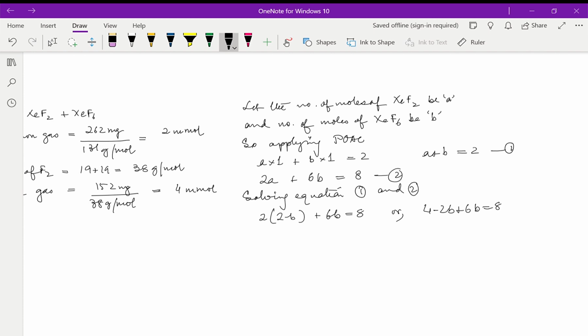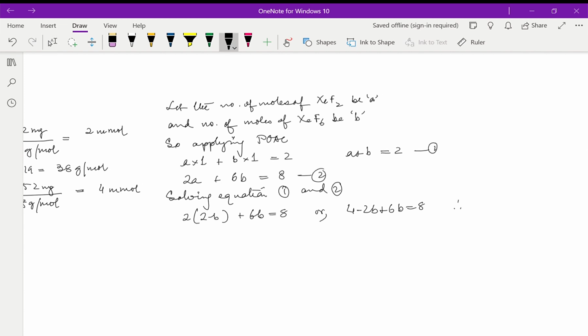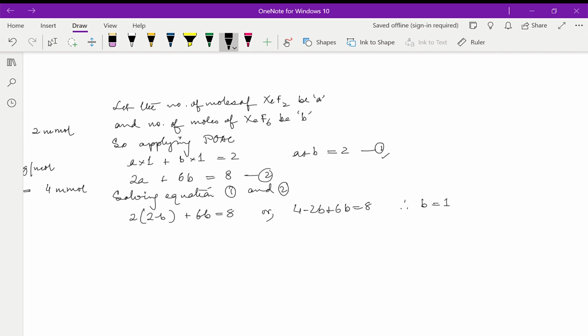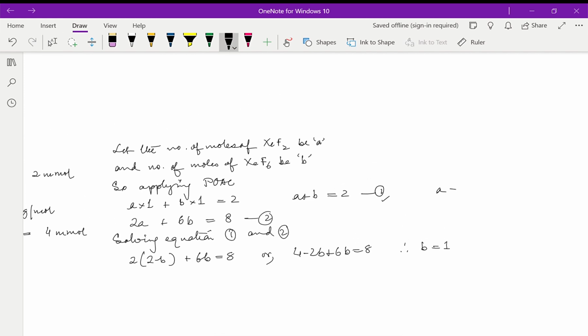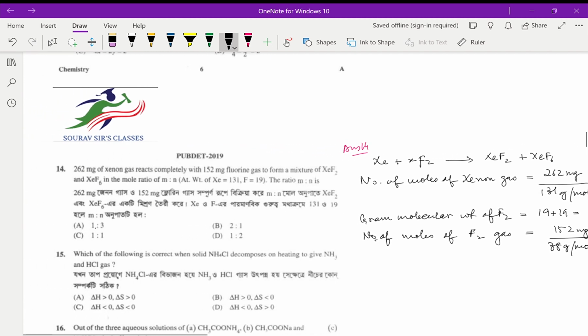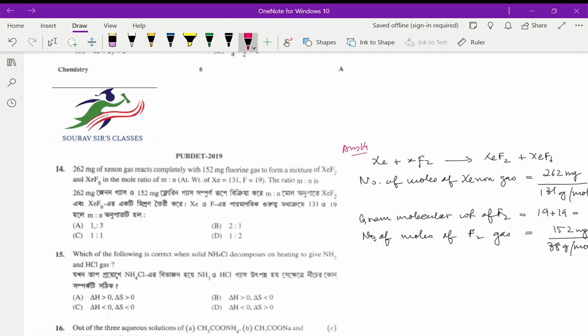If we do the math, we will find therefore B is equal to 1. So number of moles of XeF6 is 1, and if we use equation 1 out here, then we get the value of A to be 1. So over here, moles of XeF2 is 1, moles of XeF6 is 1. So here obviously our answer is that the M to N ratio is 1 to 1.